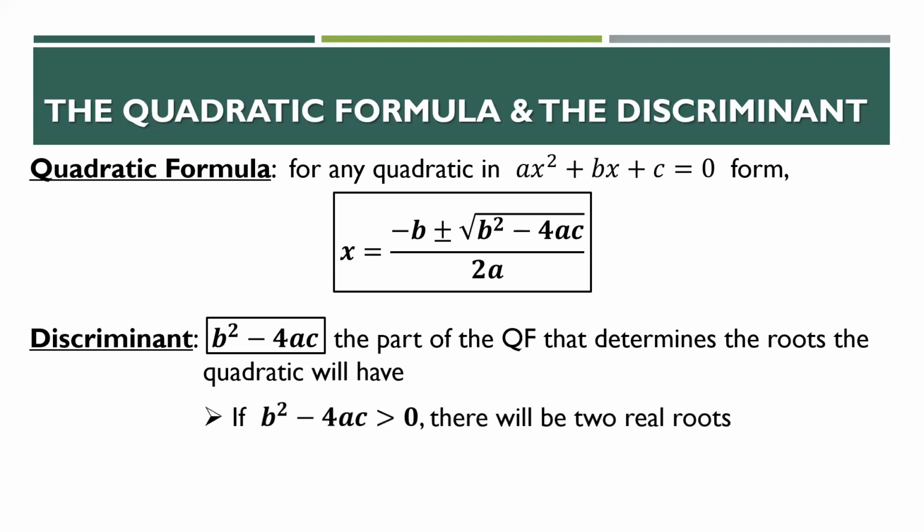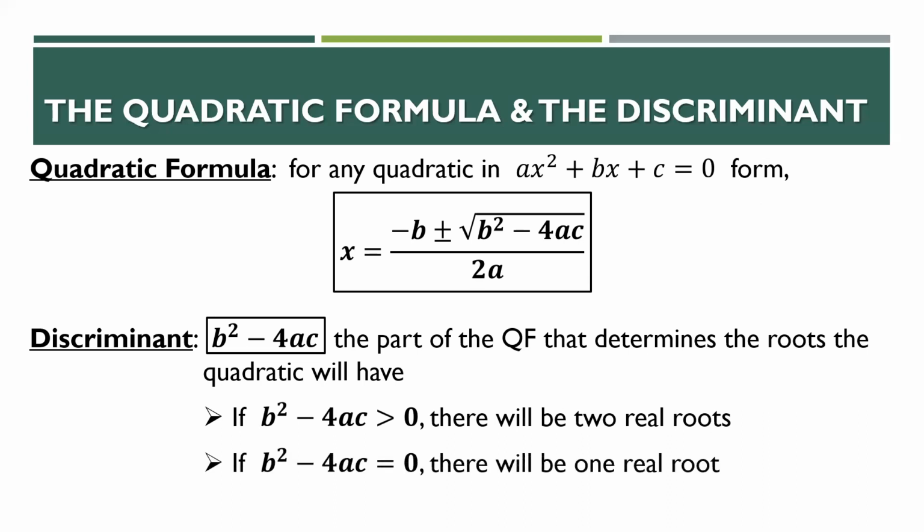First, if that discriminant b squared minus 4 times a times c, if that number ends up being greater than 0, you're going to have 2 real roots, meaning that this quadratic would cross the x-axis twice.